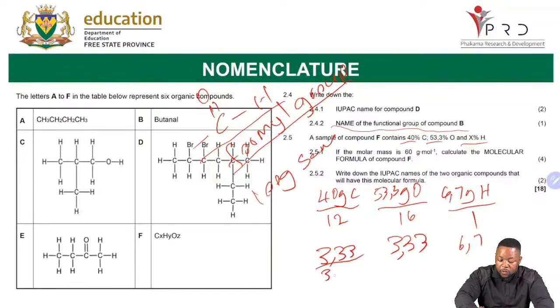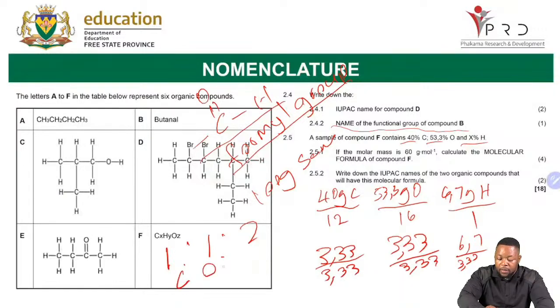So we divide with the smallest ratio. The smallest ratio is 3.33. We divide with this across, and the smallest ratio that you're going to get here is 1 to 1 to 2. That would mean that our number of carbons is 1, number of oxygen 1, number of hydrogens 2. So this is the empirical formula.